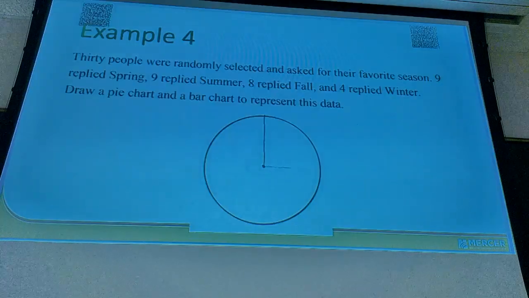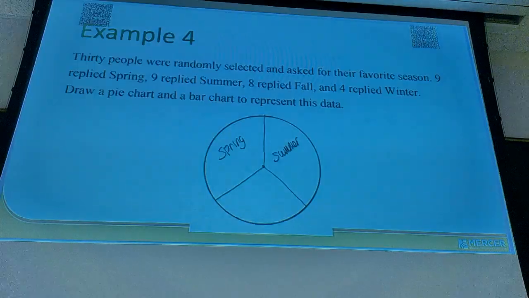That would be a quarter. Kind of looks like 30%. And by the way, spring has to be the exact same.